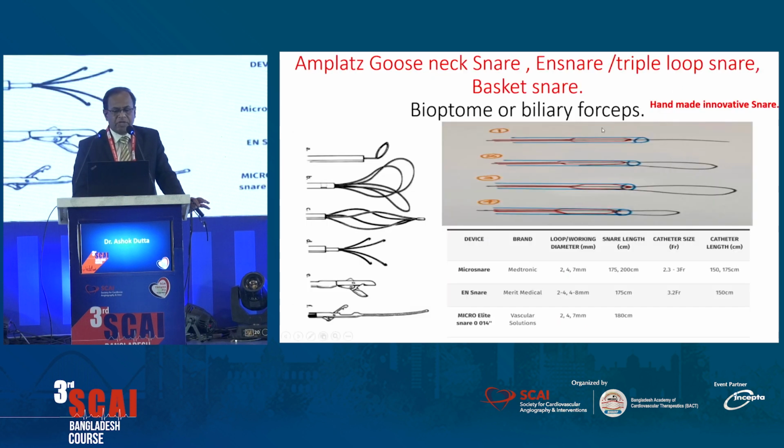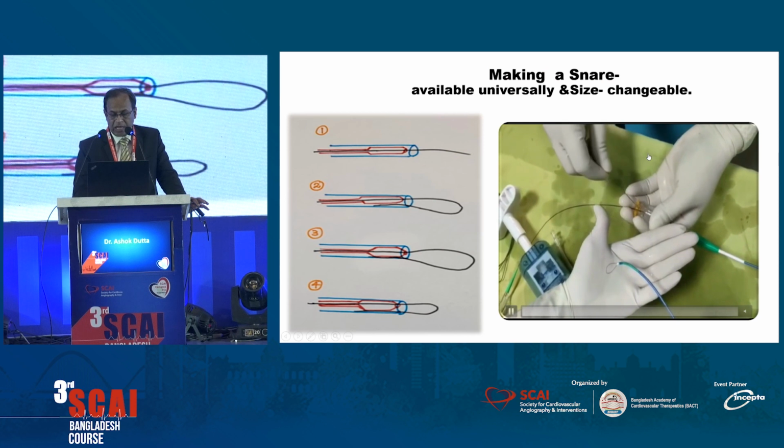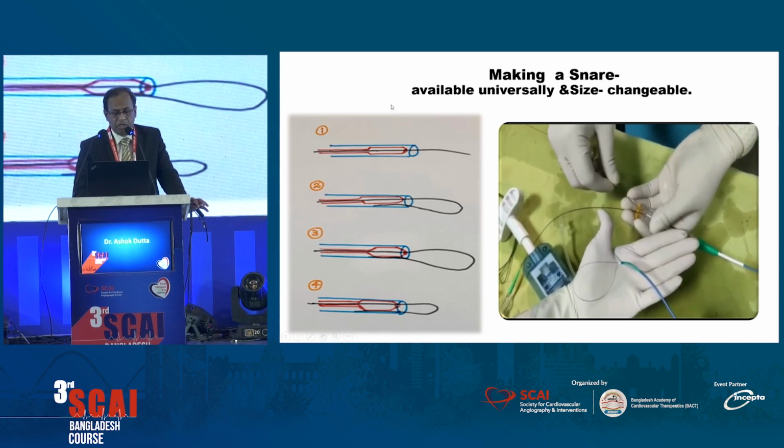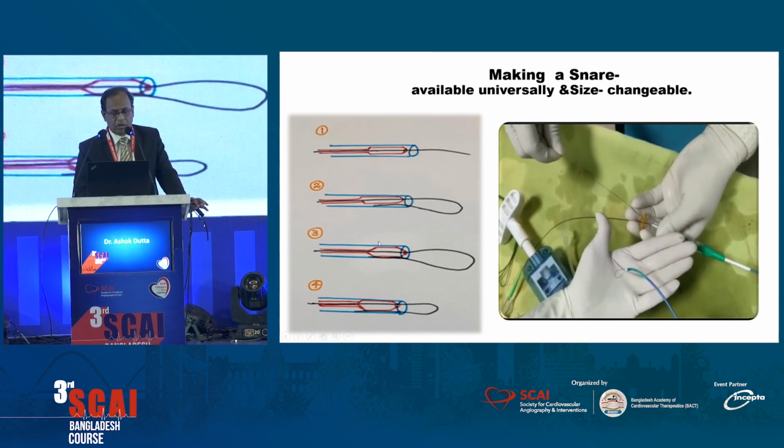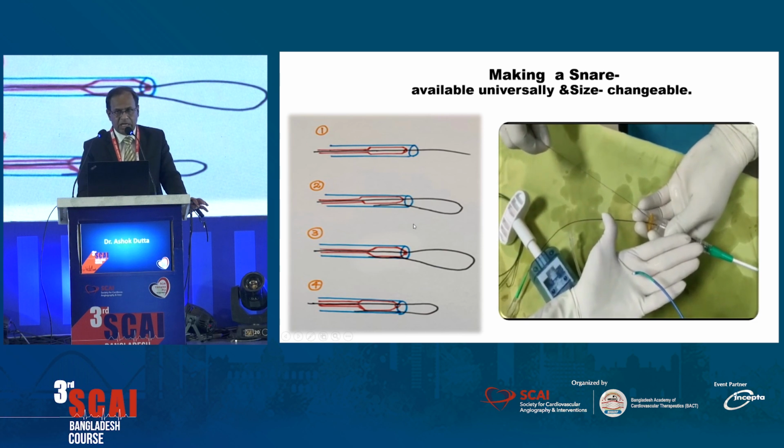A snare can be an Amplatz or any snare, but in our experience, the snare we make in our cath lab is the homemade snare. That is a very useful tool, and some studies show this homemade snare has the highest success rate. The advantage of this snare is that it is easily available.